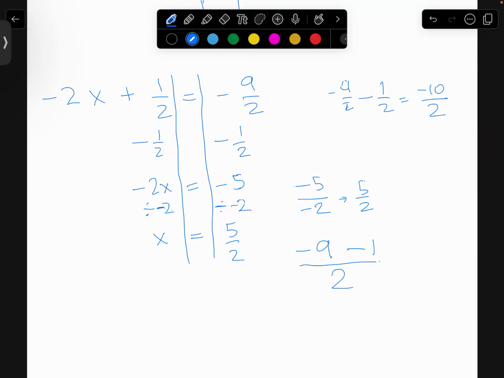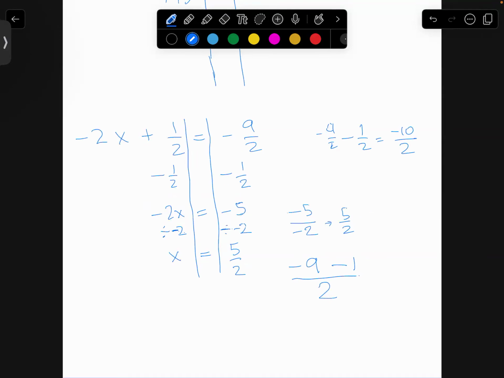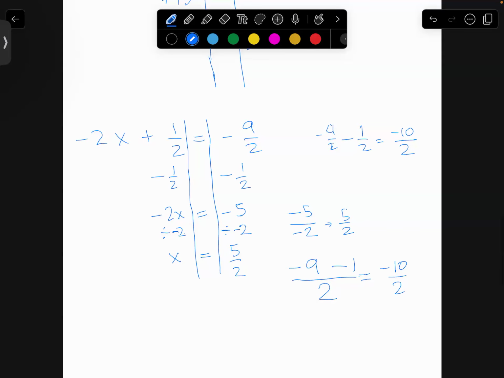So -9, and if you take away 1, this would make it more negative. So this would be -10/2. And -10/2 is equal to -5.